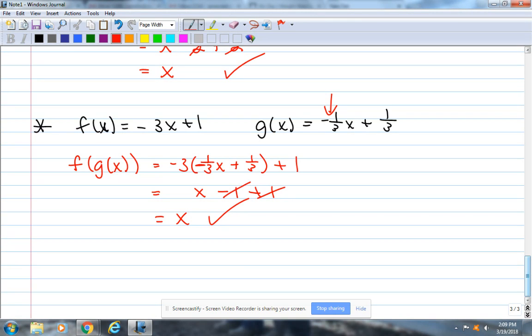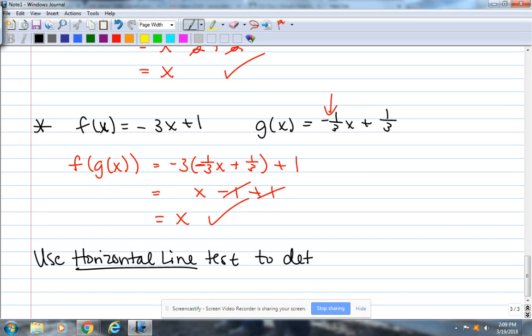Instead of using the vertical line test, since we're doing inverses, we're going to use the horizontal line test to determine whether inverses are functions.